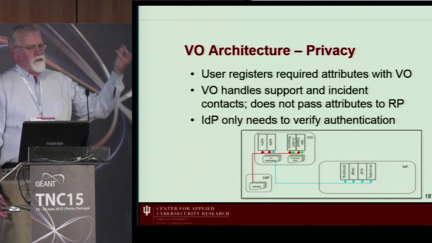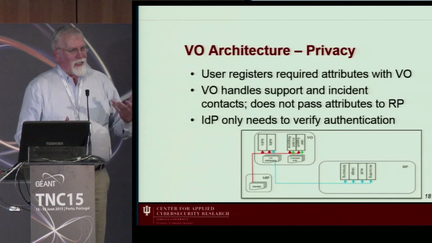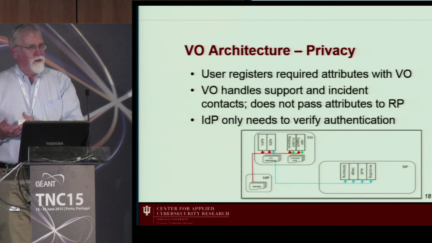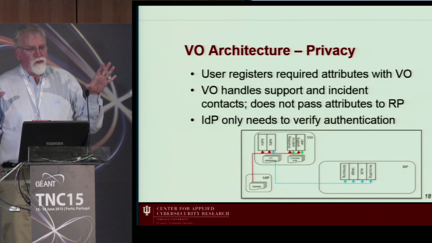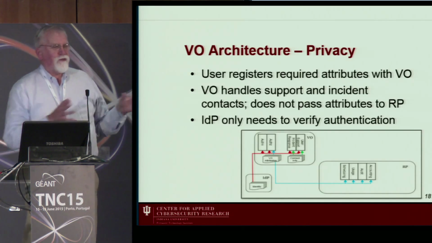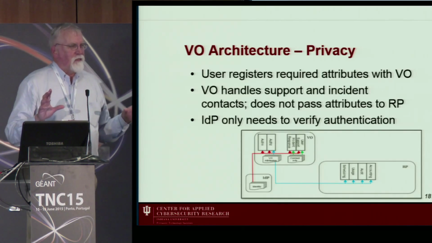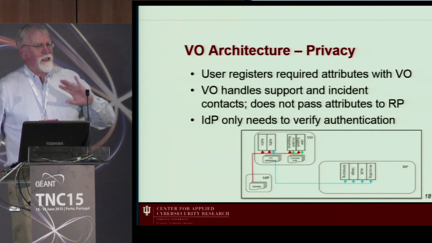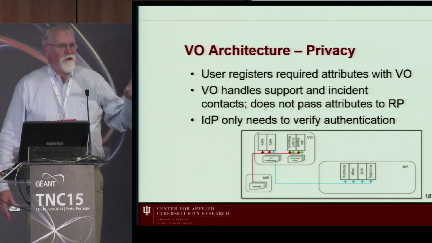Say the user registers with the VO and gives the VO attributes. That means we don't have to worry about the IDP releasing attributes. All the IDP has to do is verify the authentication.